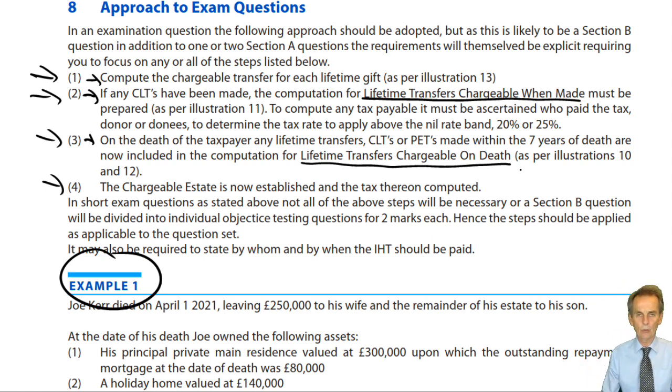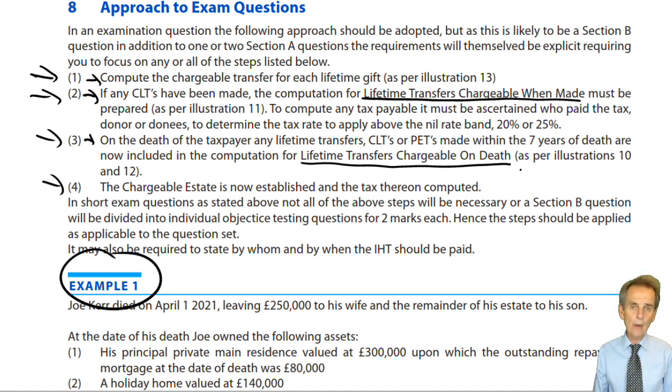That's where anything falling within the 7 years before death, be they PETs or CLTs, will fall chargeable. PETs, of course, for the one and only time, but CLTs may have had some amount of lifetime tax paid on them. I say may because certainly a CLT could potentially be covered entirely by the then nil rate band.